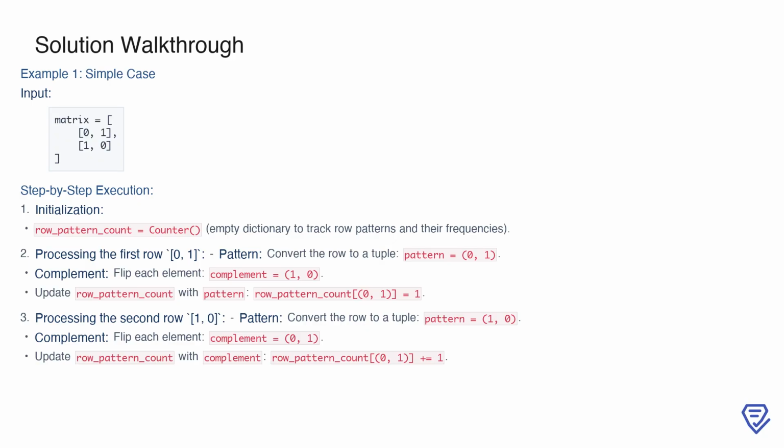Next, for the second row, 1, 0, we again convert it to a tuple, which gives the pattern 1, 0. Its complement, when all bits are flipped, is 0, 1. Instead of incrementing 1, 0 directly, we update the frequency of its complement, 0, 1, in the counter, raising its frequency to 2.